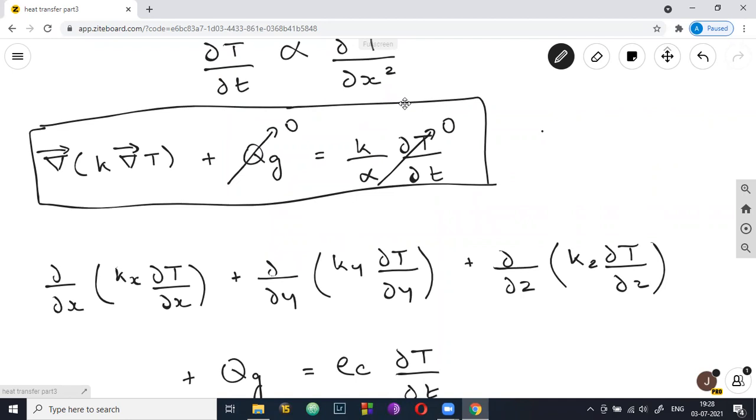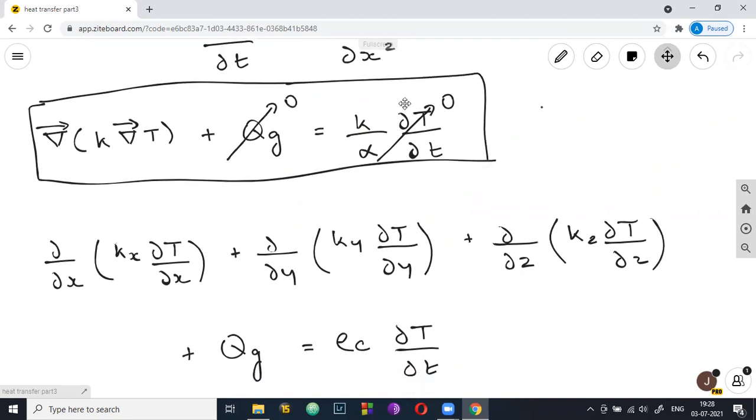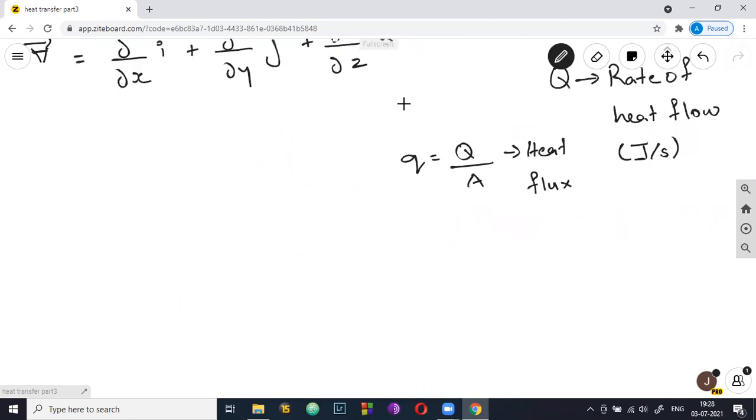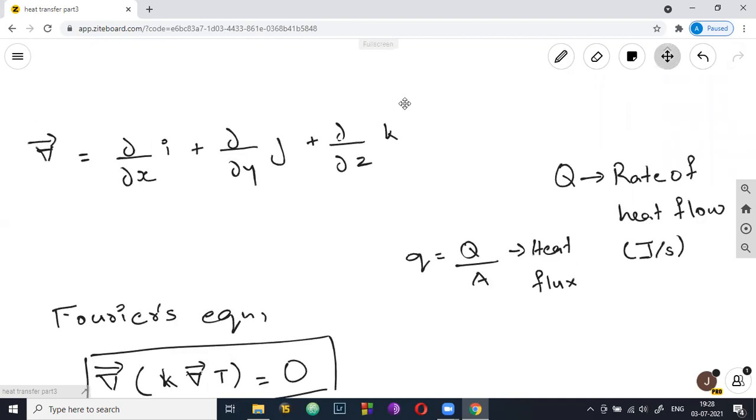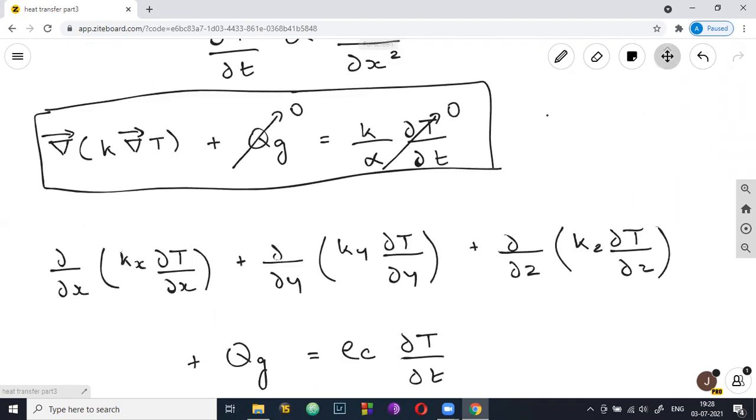So if these two terms become 0, the only term remaining is this. So Fourier's equation is del vector into k del vector T is equal to 0. So this is the Fourier's equation in 3 dimensions.